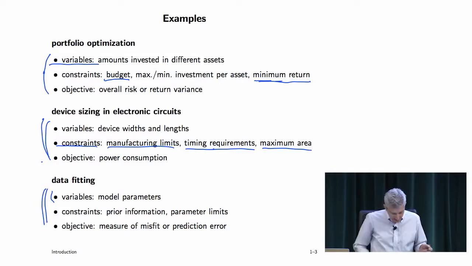But the main objective could be something like a measure of misfit against your data, right? And we'll see lots and lots of examples, for classification, regression-type problems, and just general estimation, where you want to estimate some parameters, you have some measurements, and the question is, from the measurements, how should you estimate the parameters?